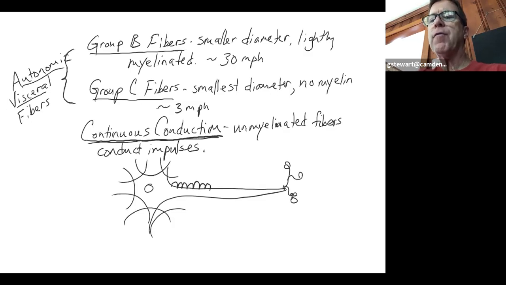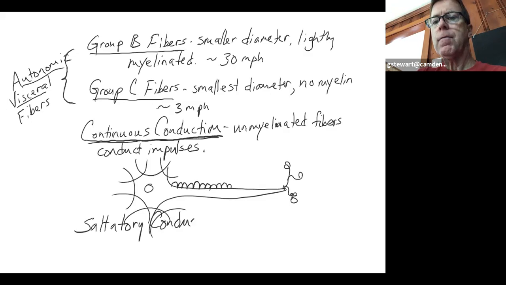It's like walking 10 feet from one point to another on the floor, placing your feet heel toe, heel toe, heel toe. All right? Now, that's opposed to something called saltatory conduction. This is how myelinated nerve fibers conduct their impulses.